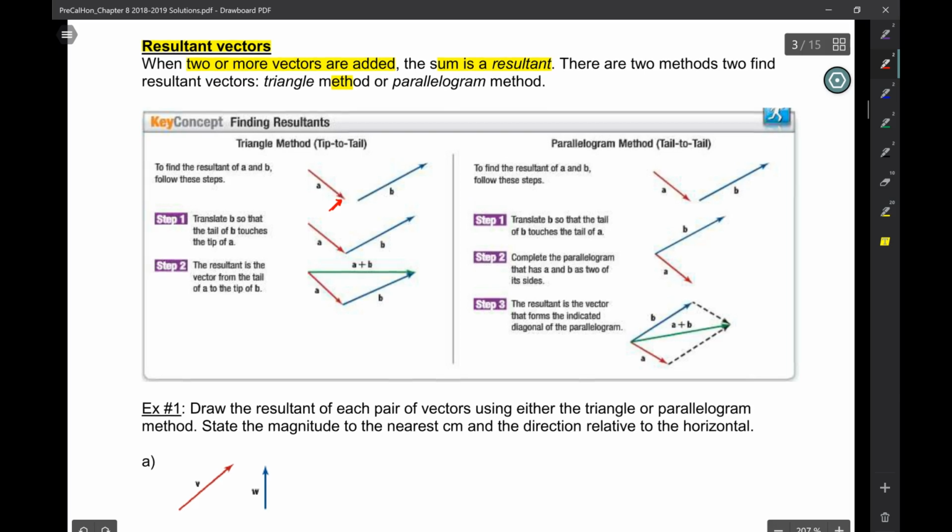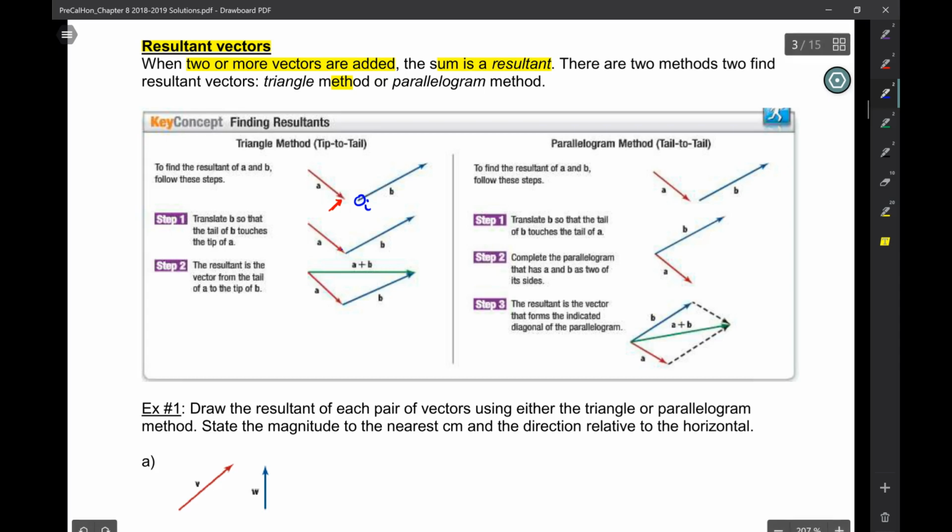You take B and you want to put the initial of B at the terminal of A, like that. The way I like to say it is, like in a relay race, where one person ends and another one picks up.